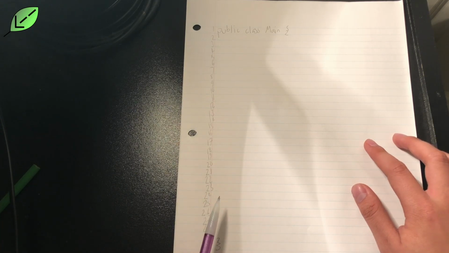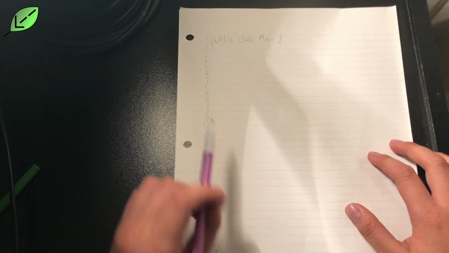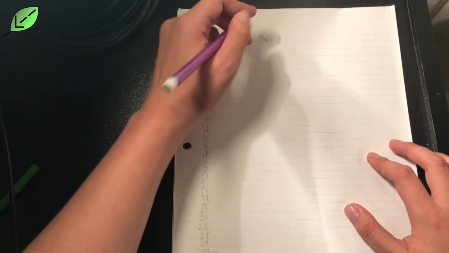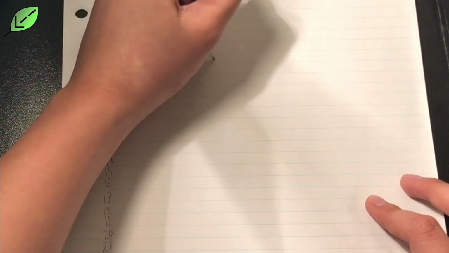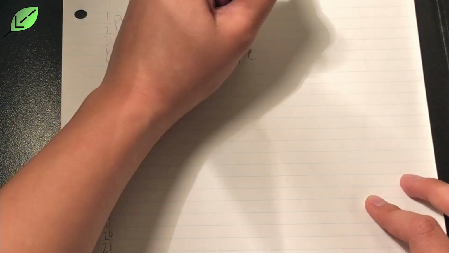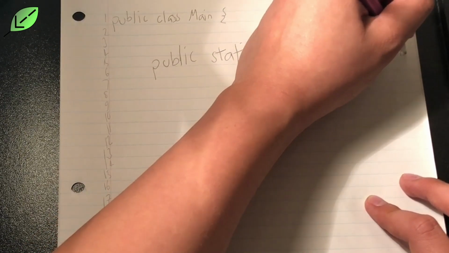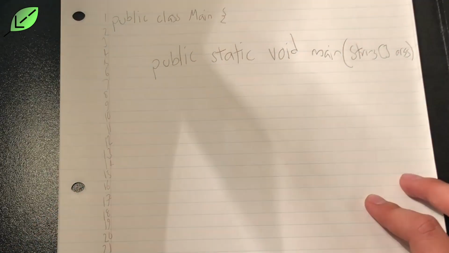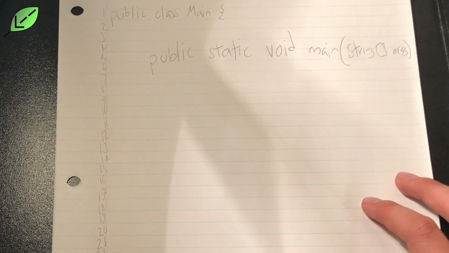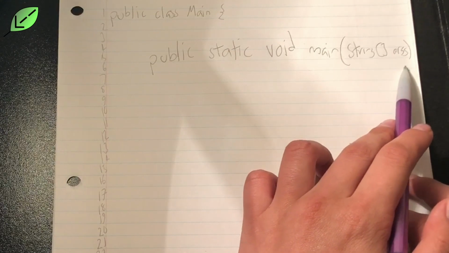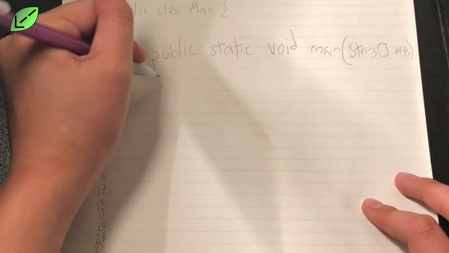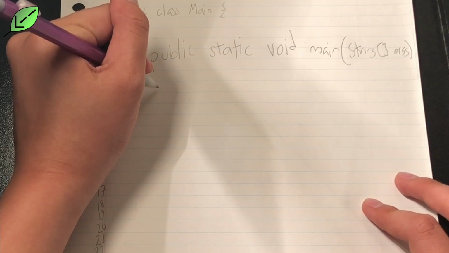So public class main. And I'm gonna write the main method for now. And this is the main method, and I ran out of space, so that's the second thing I've noticed.